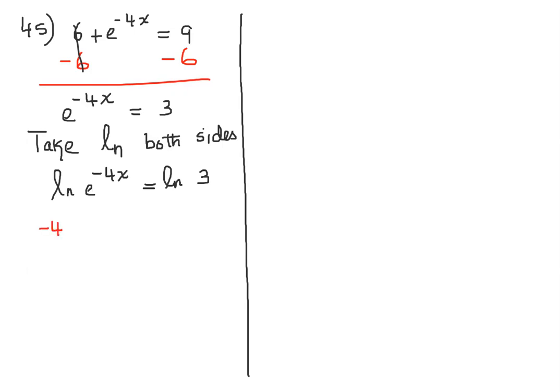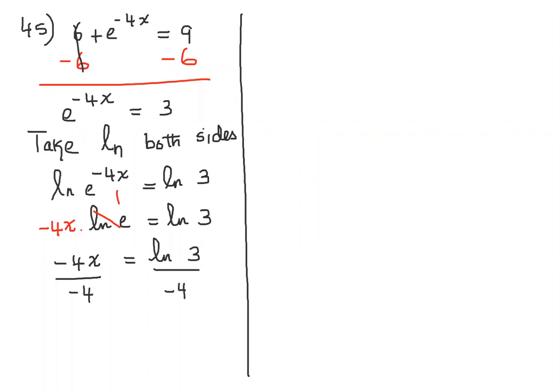So we have to move the 4x to the front. And remember, ln e is always going to be 1. So we get -4x equals ln 3, divide by -4, and using our calculator, we can approximate the value to -0.2747.